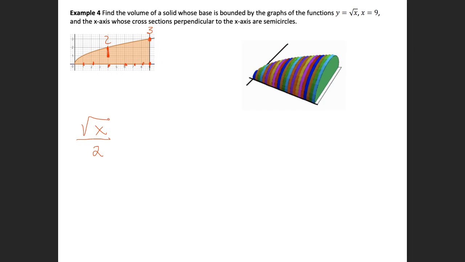So in my problem here, I'm going to go from 0 to 9, and then I need to find the area of one semicircle. Well, remember, our semicircle is pi r squared divided by 2. What is r? R is this, isn't it? That's the radius. So if I work this out, what is r squared? Isn't r squared just x over 4?